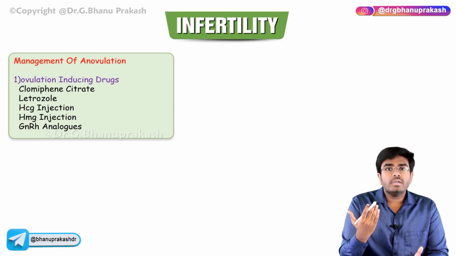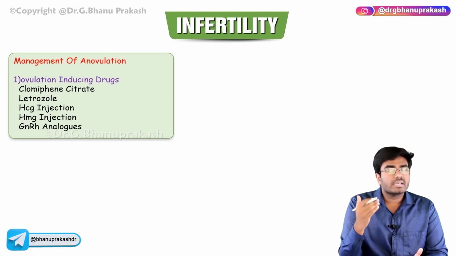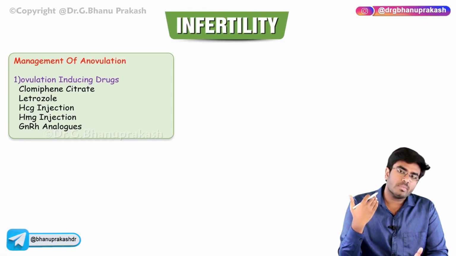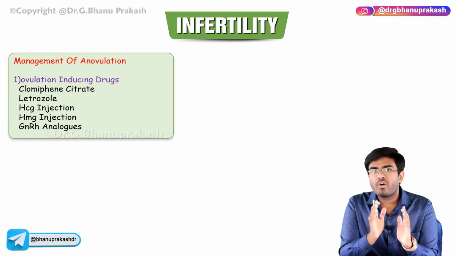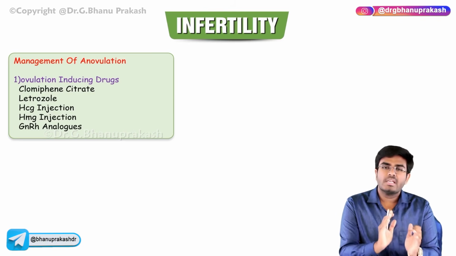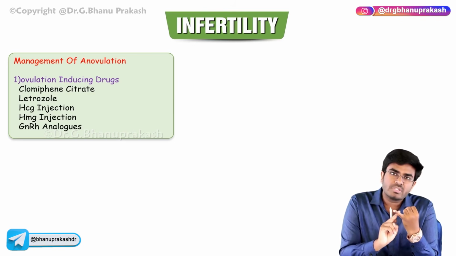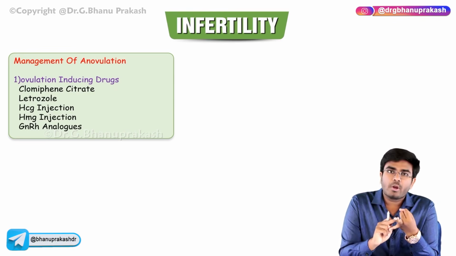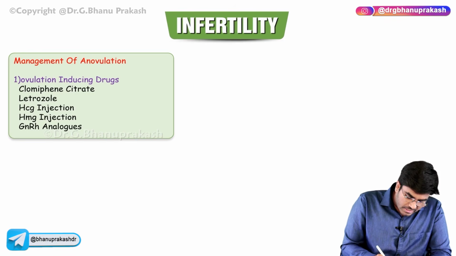It's going to block the estrogen receptors in the central nervous system, so it decreases the negative feedback to the follicle stimulating hormone. The mechanism of action we have already discussed in a separate video, but here what I am trying to put into your mind is that for ovulation induction we are using clomiphene citrate, letrozole, which is an aromatase inhibitor, and HCG injection.